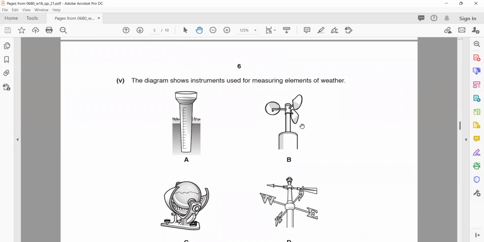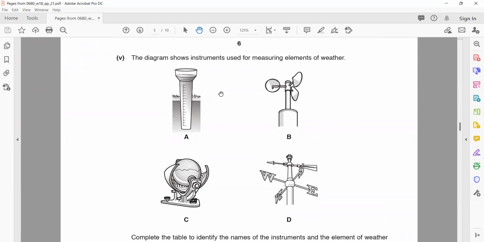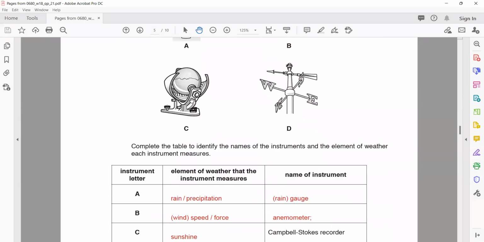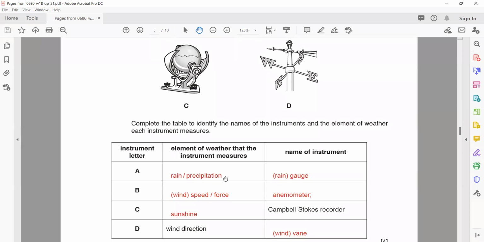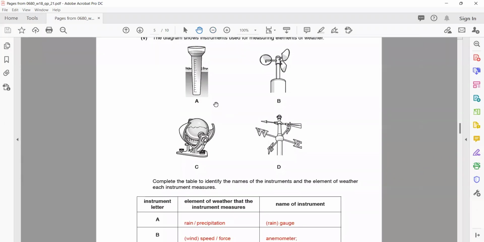Maybe these are removed and will not come again, but you should know this. A, from what you can see, it contains water, it means rain precipitation. It's known as a rain gauge. This will tell you how many millimeters of rain there were.